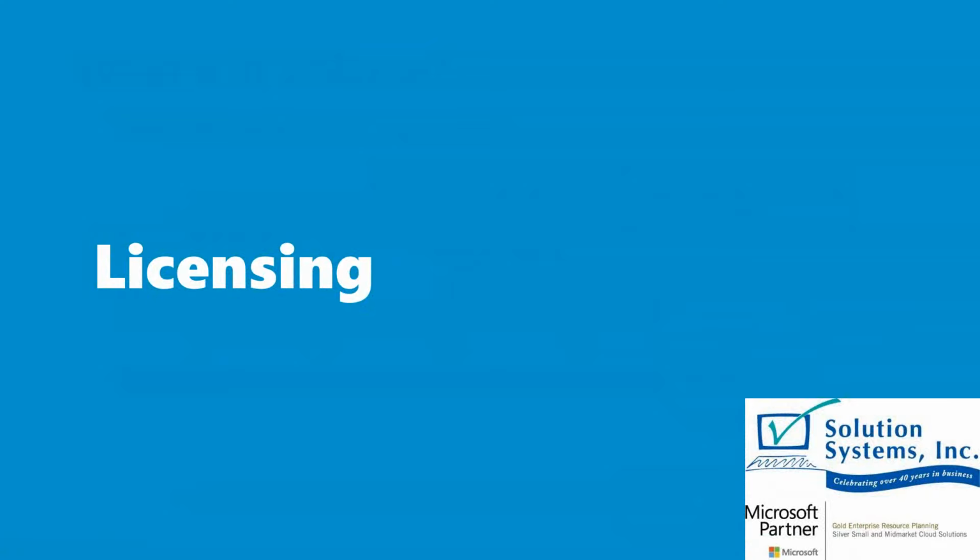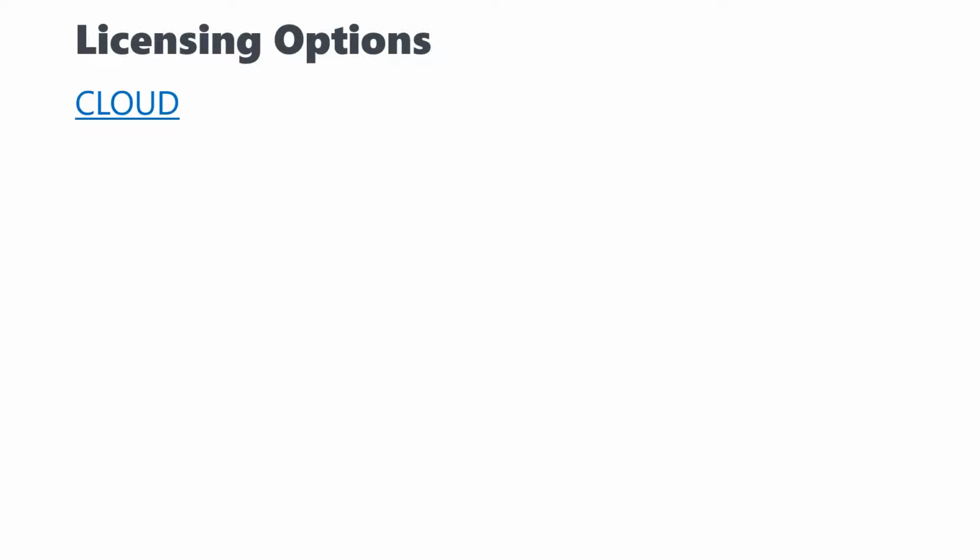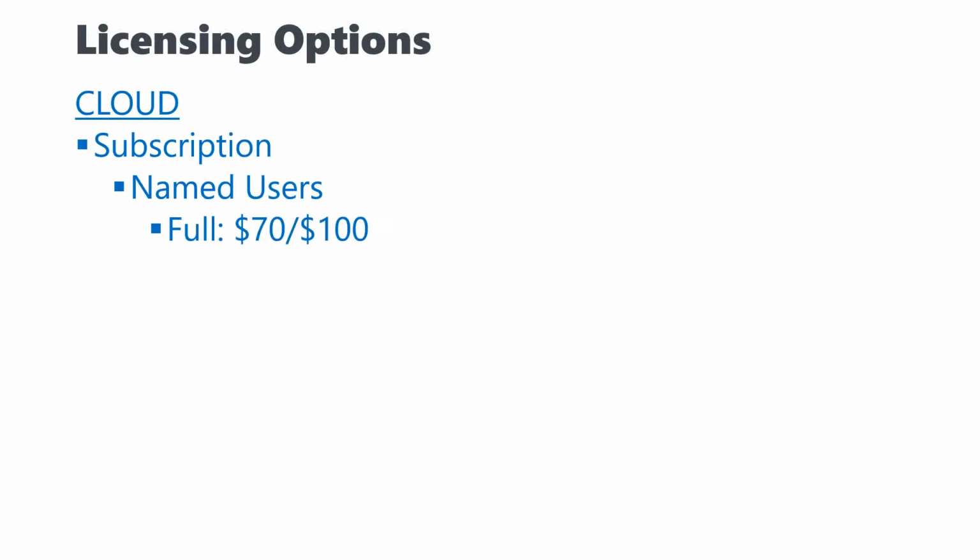So what are the differences and similarities between these products? First, let's talk about licensing options. If you're running the cloud version, this is on a subscription basis. It's based on named users, with each user license, a full user, running either $70 or $100 per user per month.